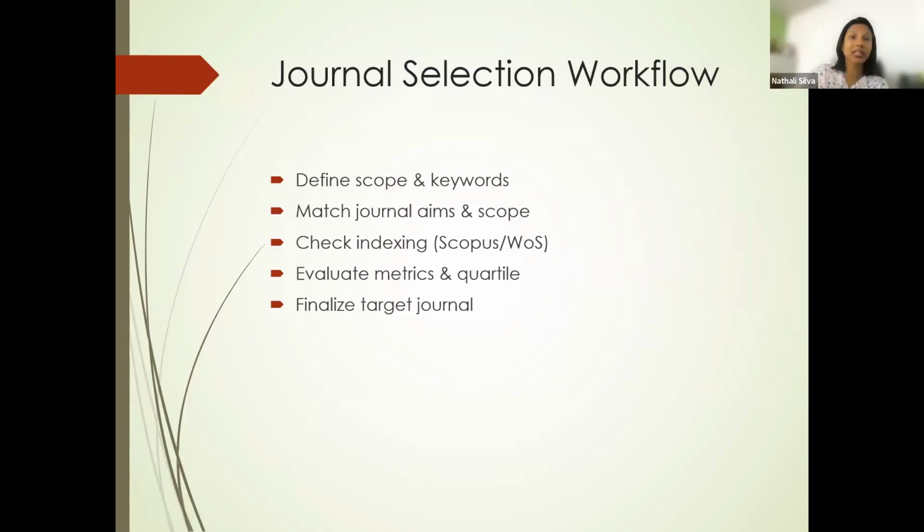Maybe not because your work is not good, maybe because the keywords are not defined properly, because these act as the indexing factor when someone searches through the search engines. So identifying the scope and defining keywords for your article is very important.